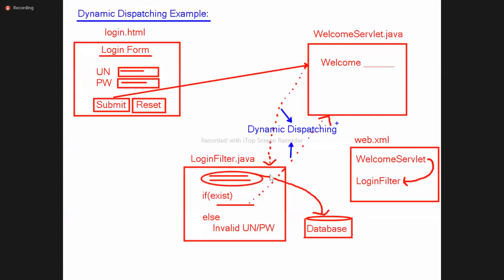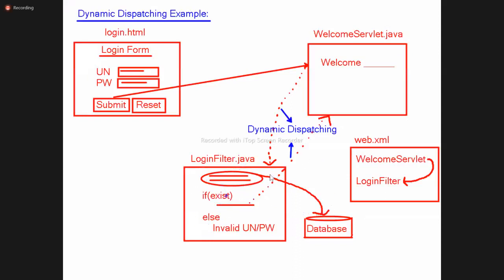So anytime you can plug in code, anytime you can plug out code. That is dynamic dispatching. That is, we are inserting it with an XML file. So now this filter is reusable.